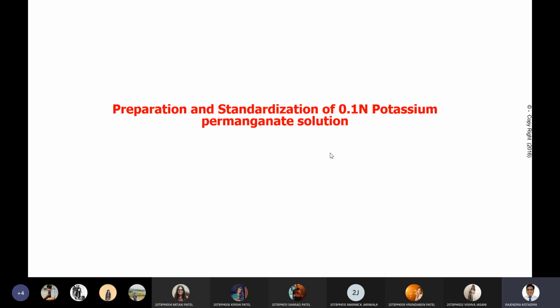But if the reaction involves redox type of reactions, meaning there is an exchange of electrons, that is known as oxidation or reduction.